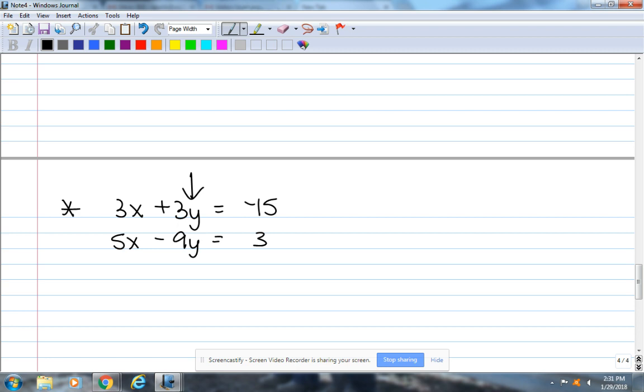Oh, wait a second, I said 12 divided by 4. That should be 12 divided by 9. No, 12 divided by 4 is right. It shouldn't be, because you got the 9y. It should be negative 15. I don't know what we're doing wrong. 12 divided by 4 is 3.